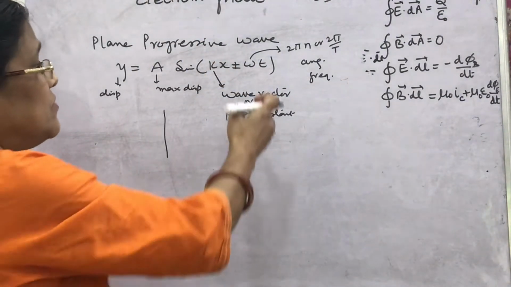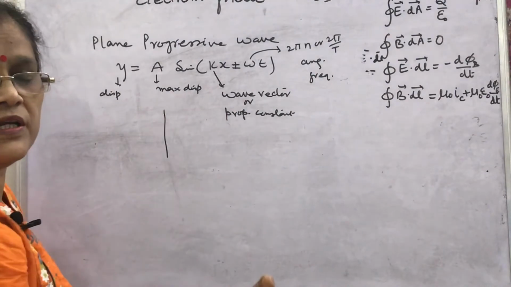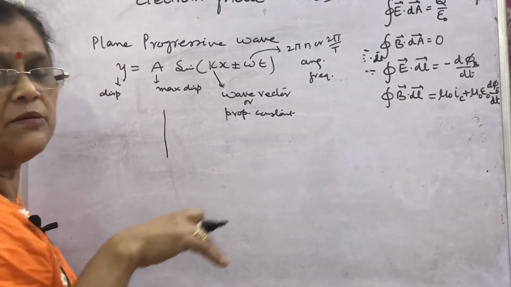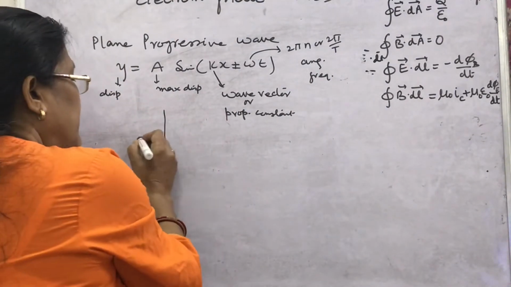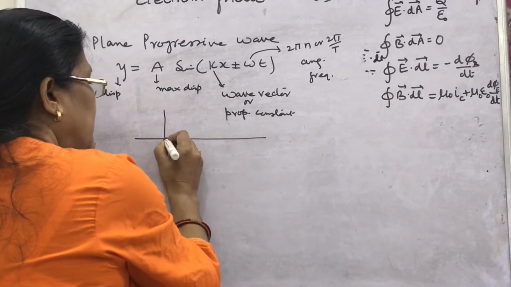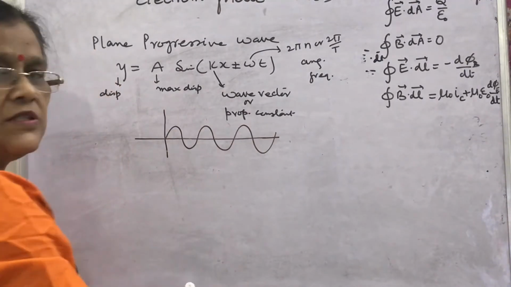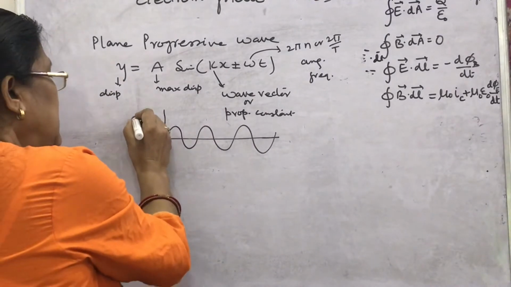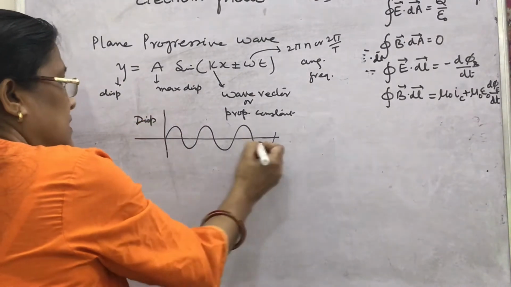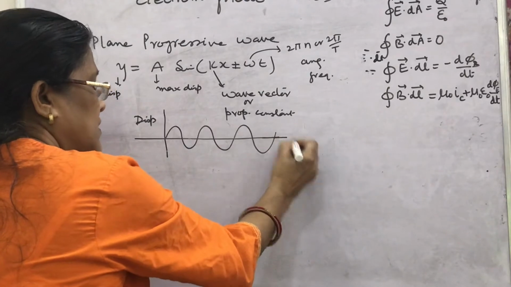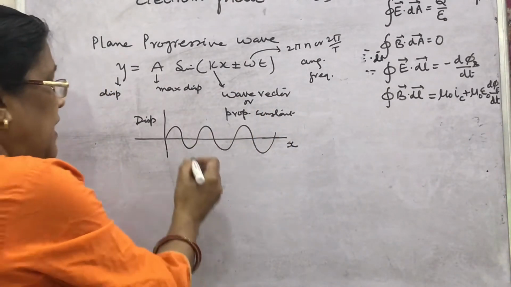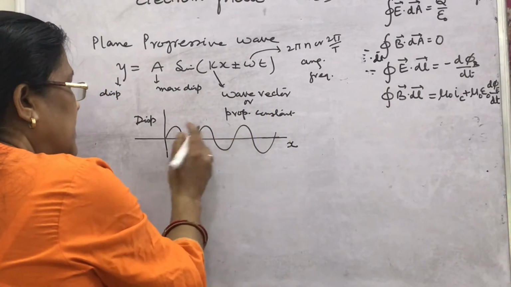What is a wave? Wave means energy, propagation of disturbance. So if the energy is propagating like a transverse wave, it looks like this. If this is the displacement and this is x, the distance, then at different distances there is different displacement.